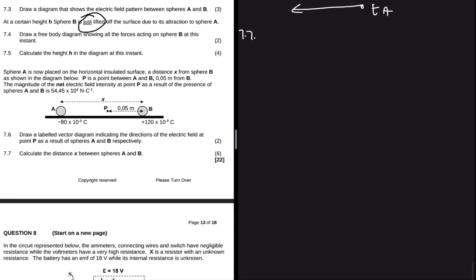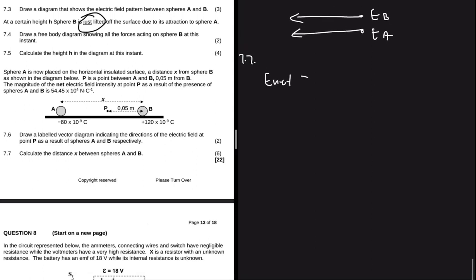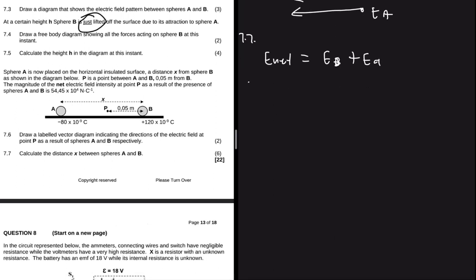7.7 says calculate the distance x between spheres A and B. So we are given the net electric field and the magnitude of the charges, right? And the distance between the point charge and one charge. So it should be obvious to see that we're going to use E net is equal to EB plus EA, right? So E net is 54.45 times 10 to the power of 4.